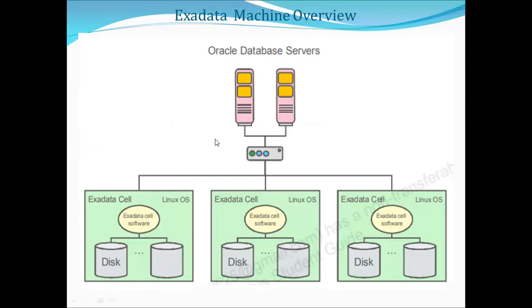So we have the Oracle Exadata database server, then InfiniBand, and the storage server. A storage server is also called a cell. Inside a cell we have flash disk as well as normal disk. On a storage server we also have Linux OS and some special software which makes the storage intelligent.